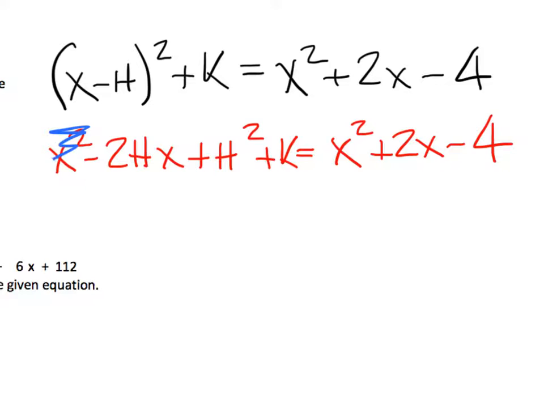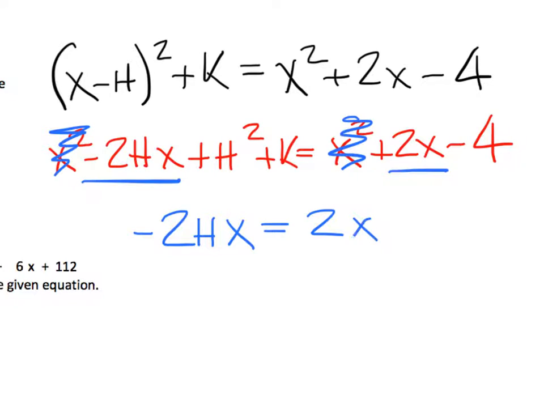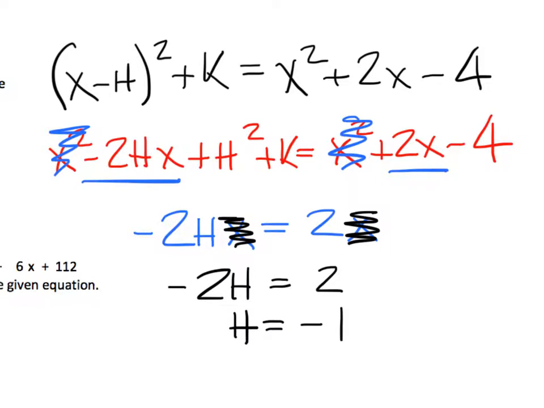Notice that we have x squared and x squared. Those are gone. This should be equivalent to this. So negative 2hx equals 2x. The x's are gone. Negative 2h equals 2, so h equals negative 1.